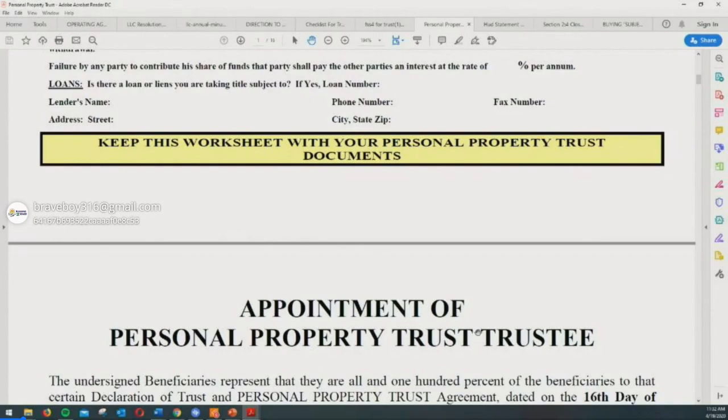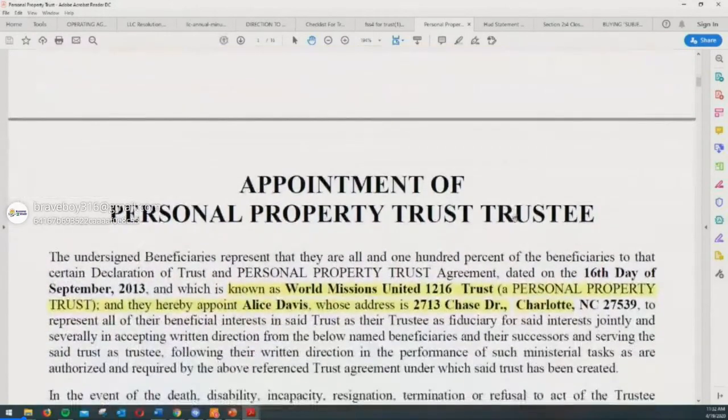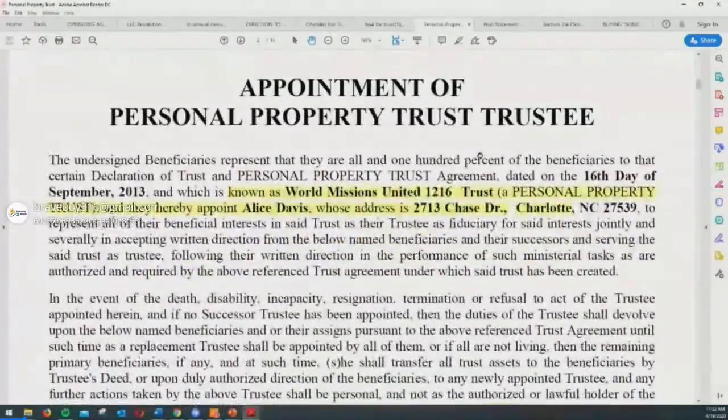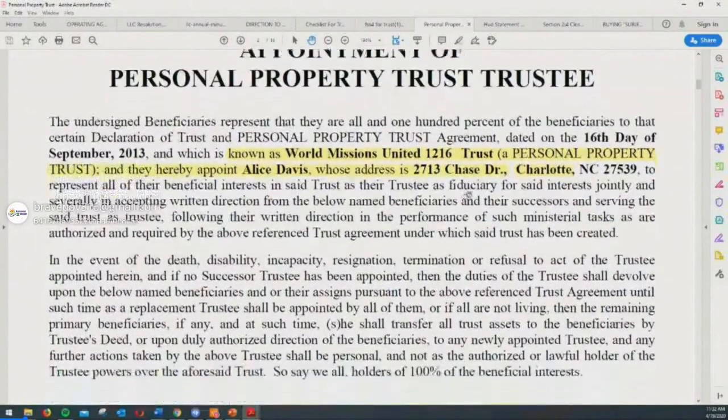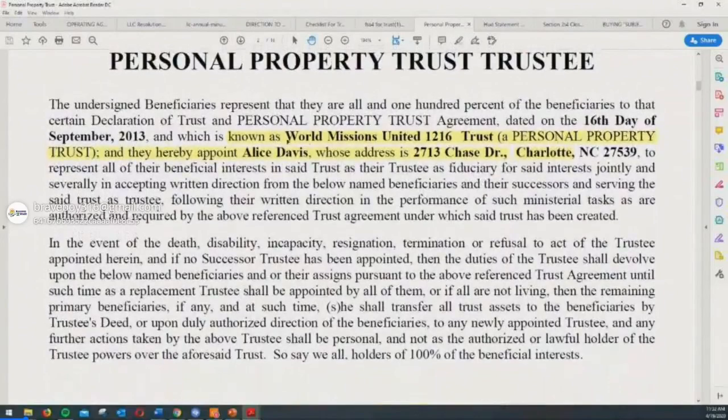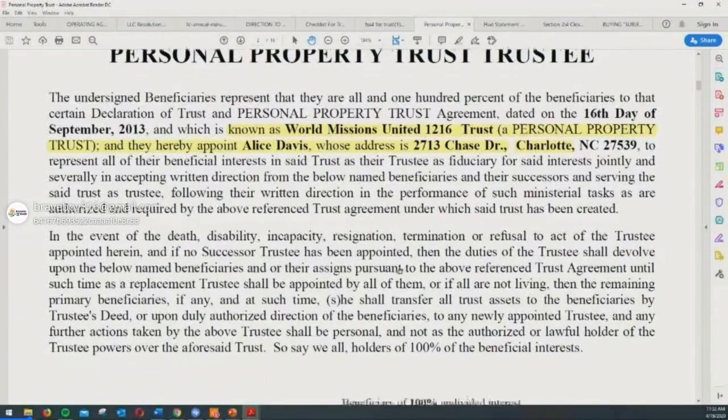All right, so that's the trust we just created. When you go down, here we go. There goes your appointment of personal property trust trustee. So all of the information that we filled in on the previous document is down in the form that we created. So we have our personal property trustee appointment.